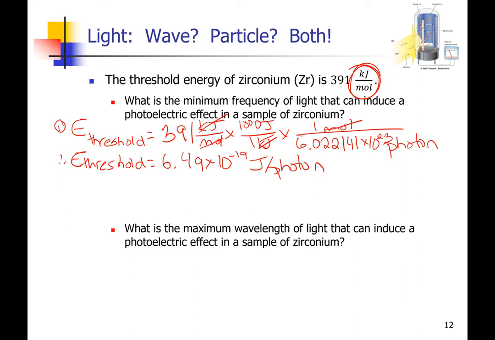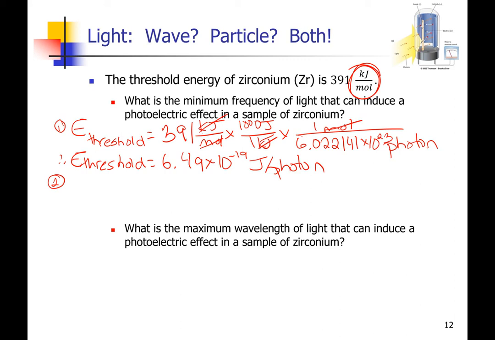Now that we have calculated the minimum energy of light that can induce a photoelectric effect, and we have it in joules per photon, we can use Planck's equation to calculate the minimum frequency of light that can induce a photoelectric effect.